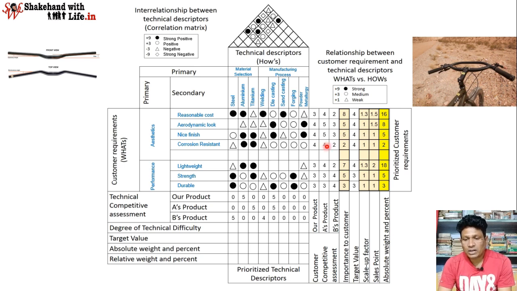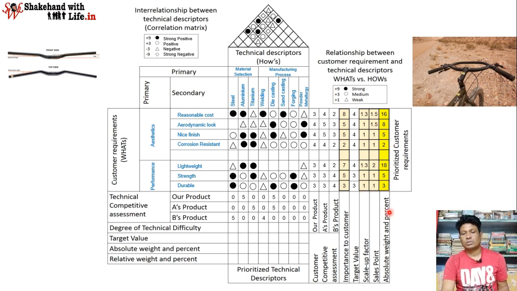For corrosion resistant we have 2 multiplied by 1 multiplied by 1, which is 2. For lightweight we have 7 multiplied by 1.3 multiplied by 2, approximately 18. For strength it is 5 multiplied by 1 multiplied by 1, so we have 5. For durability it is 3 multiplied by 1 multiplied by 1, equal to 3.